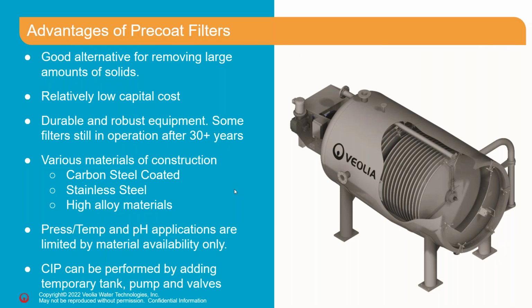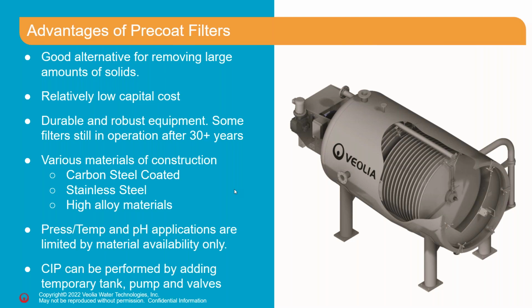Continuing on with the advantages, when you compare to a bag or a cartridge filter, Precoat filters are usually a good alternative when it comes to removing large amounts of solids and also maintaining a longer filtration cycle. These are relatively low in capital cost and also are durable and robust.